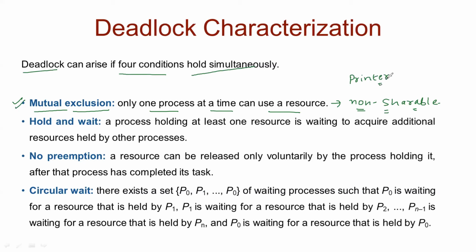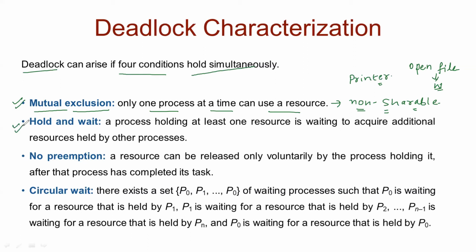A printer is non-shareable. It will print the output for one process at one time. It will not print several outputs for several processes at one time. Another is if there is any file which is open and it is in writable mode. So it is by default non-shareable. So you cannot prevent this condition from occurring.